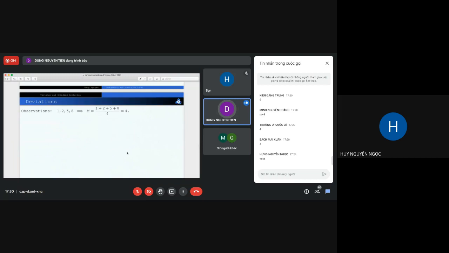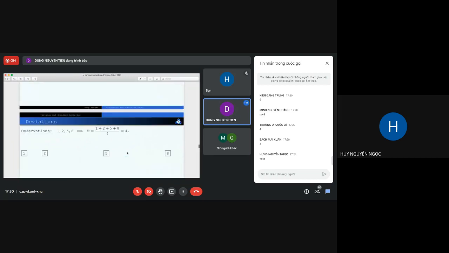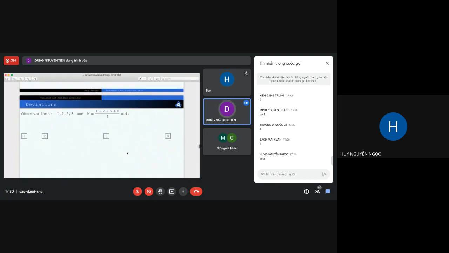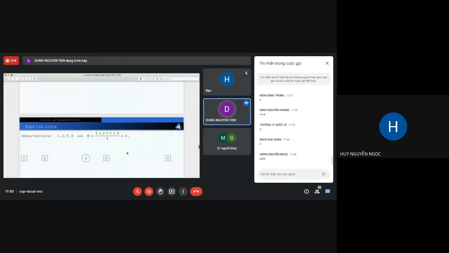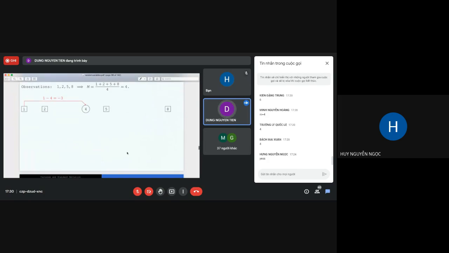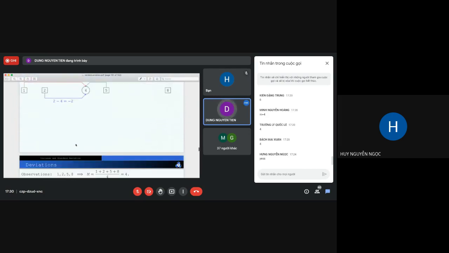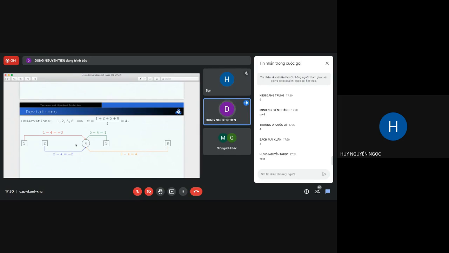You compute the average value, which is 4, and then you compute the deviations: 1 minus 4, 2 minus 4, 5 minus 4, and 8 minus 4. Okay. If all these values are close to 0, then the observations are close to 4, the mean value. Otherwise, they are far from the mean value.